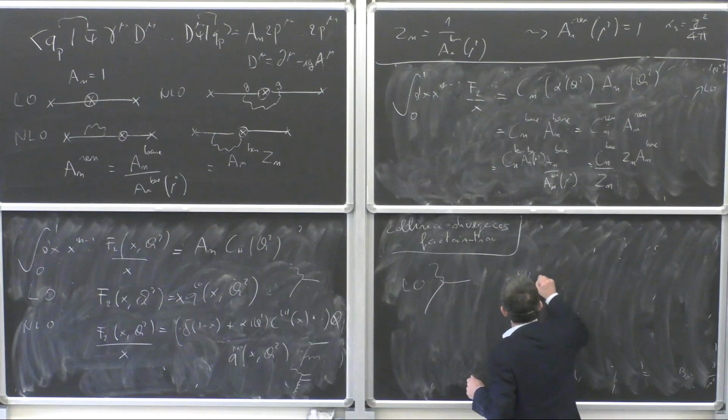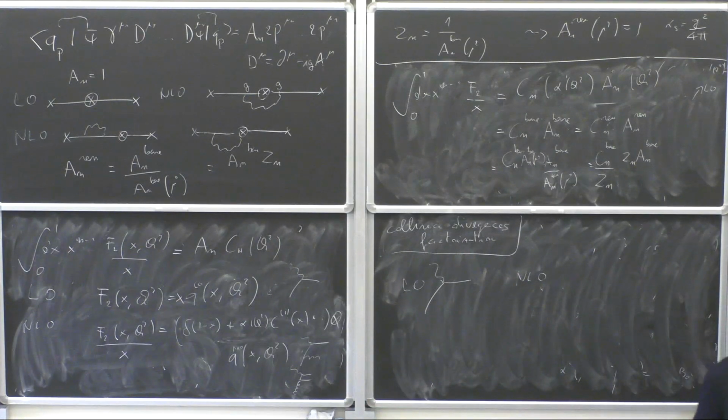Well, at next leading order, we have two kinds of diagrams. I mean, deep inelastic scattering means there is an incoming virtual photon, an incoming quark. Next leading order are also gluons, but we are not talking about gluons, just to make life easy. So an incoming quark, an incoming virtual photon, and any possible final state. So we have two kinds of corrections.